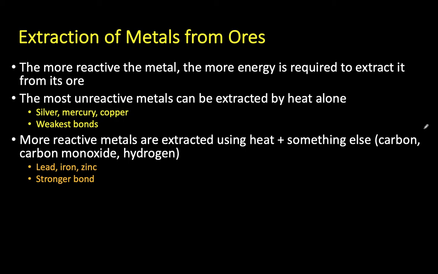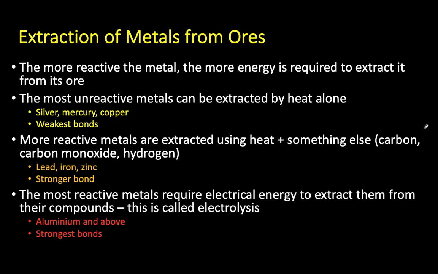Metals that are extracted in this way are things like lead, iron and zinc. The most reactive metals require electrical energy to extract them from their compounds. And that electrical energy is called electrolysis.